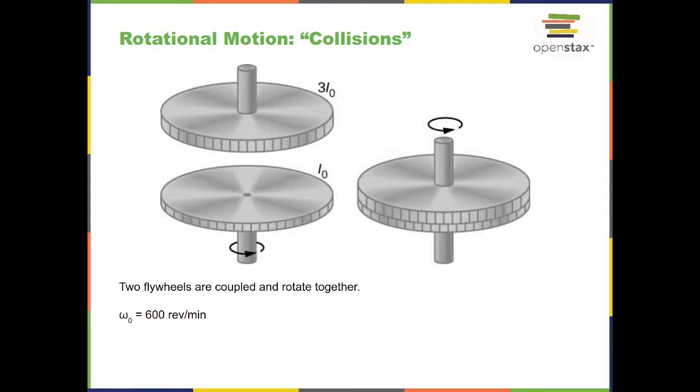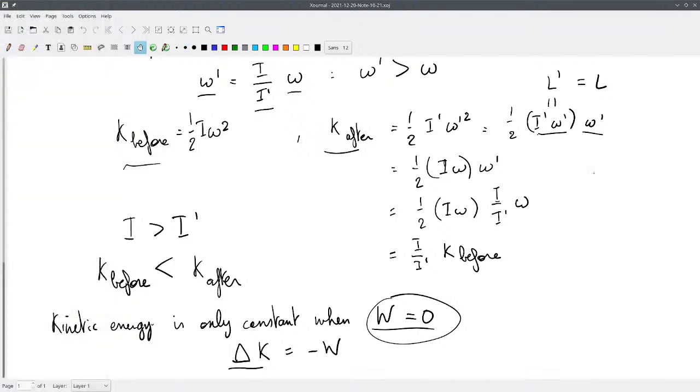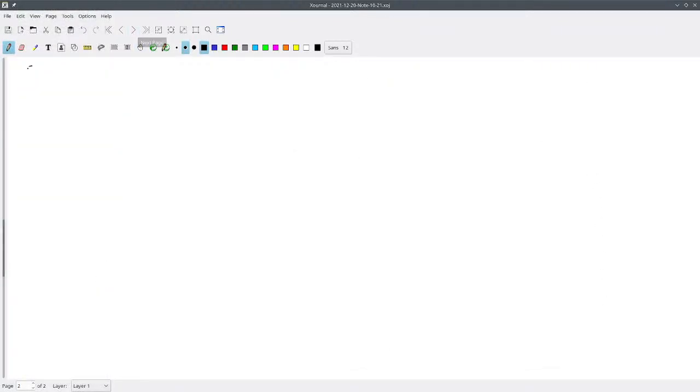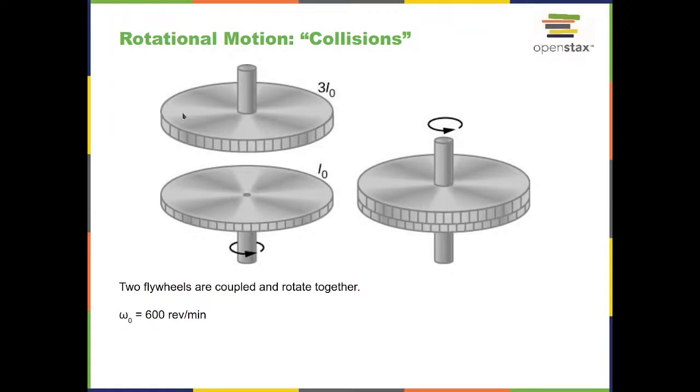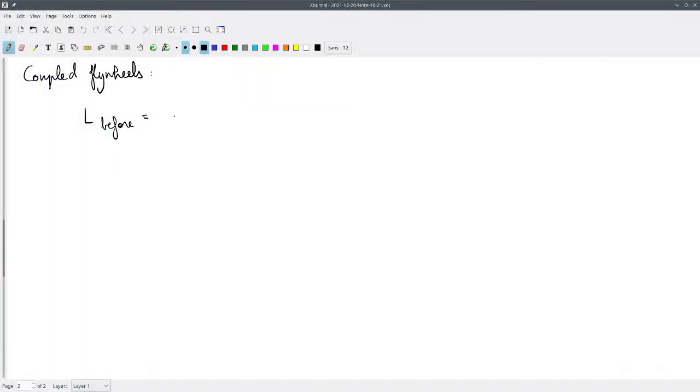Let's call this the coupled flywheels. The angular momentum before: the only one rotating is the smaller flywheel, with moment of inertia I0, so the angular momentum before is I0 times omega 0.